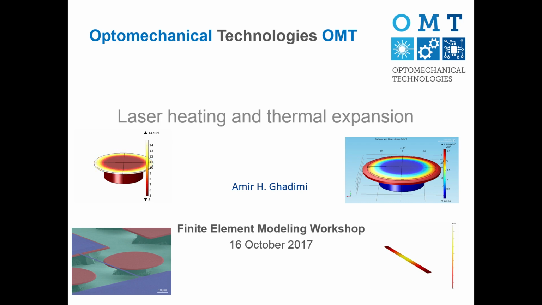The menu of today: all of us work with lasers and microwaves, and we know those have radiation pressure and back action, those sorts of effects and forces, but that's not the only force in the game. When you shine a laser into a dielectric, even if it's pure silicon oxide or silicon nitride, it still has a finite absorption.